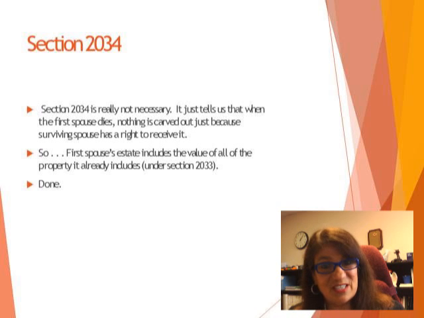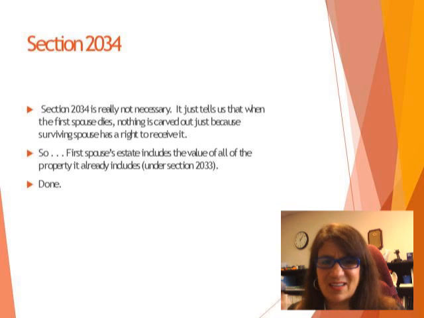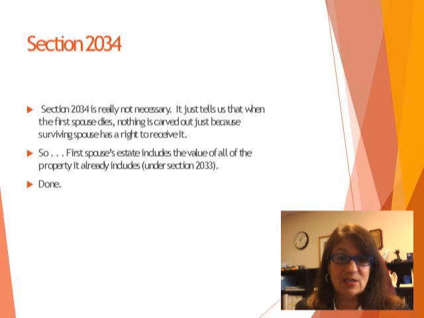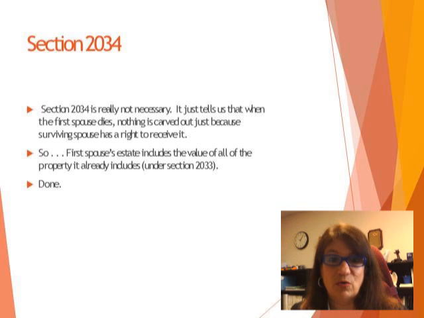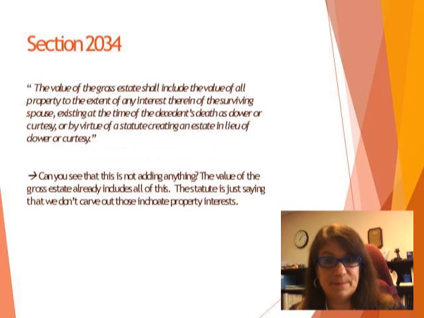It just tells us, okay, now if you were thinking that maybe these spousal rights are kind of like, I don't know, joint tenancy or something, they're not, right? This is just a right to inherit. It's not an ownership right. And so Section 2034 says all of that you're going to inherit, that was still in the estate, right? It hasn't changed 2033 at all.